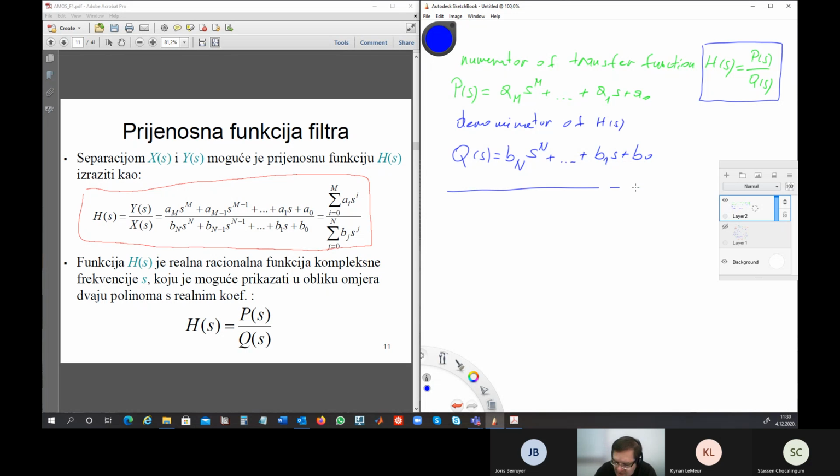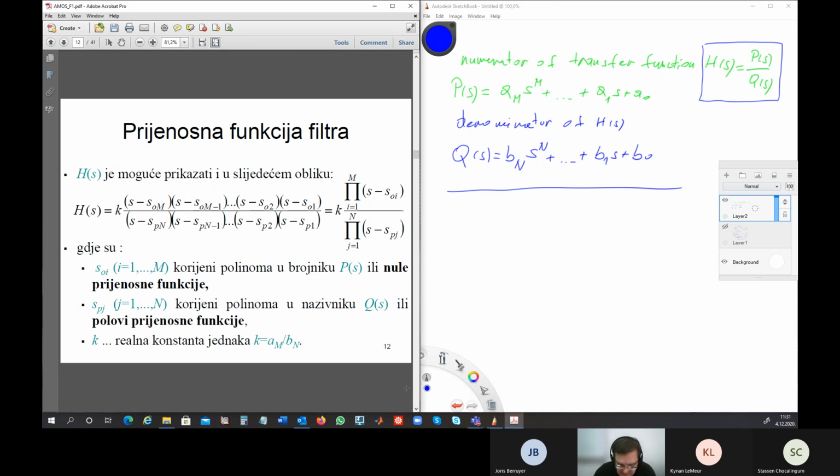And then we all know that it is possible to write all polynomials in the following form, represented with zeros or roots of the polynomials, which are for the P of s here.